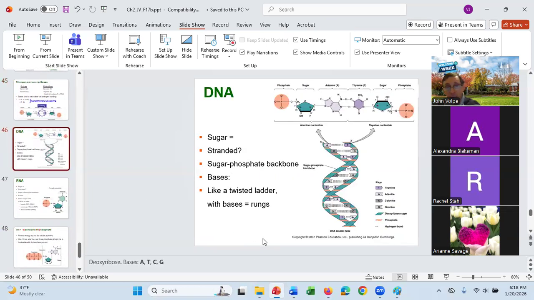Let's talk a little bit more about DNA. It is made up of sugar, and it's always deoxyribose right there. This DNA is normally double-stranded in your cells, meaning one strand of DNA will hydrogen bond to a second strand of DNA, and normally that's the way your cells are.